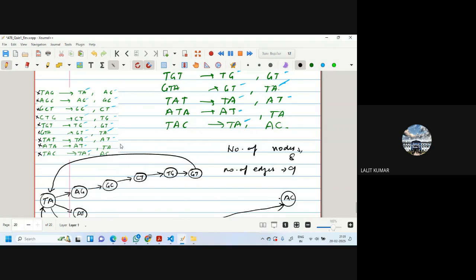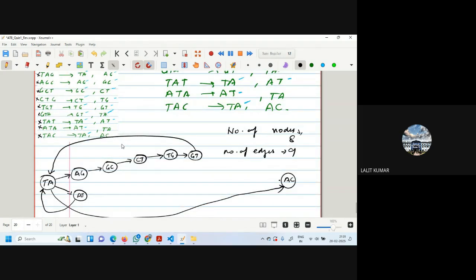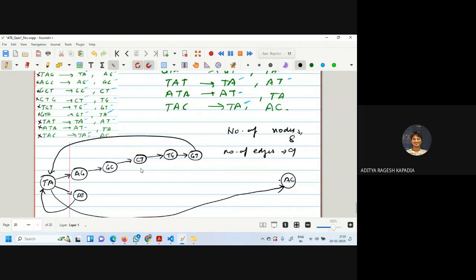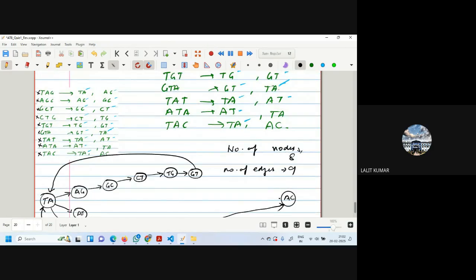Can I go from TA to anywhere else also? TA goes to only AT, AC and AG. TA to AT I have come, TA to AC I have gone, and TA to AG I have come.